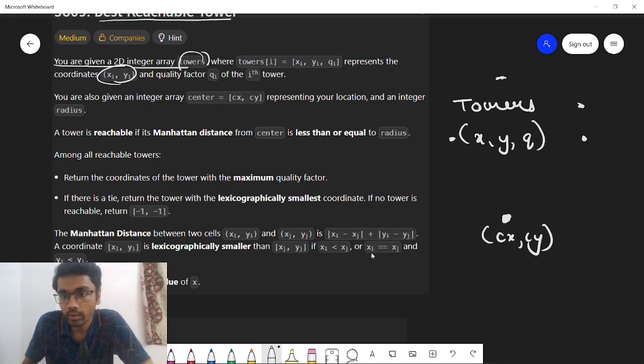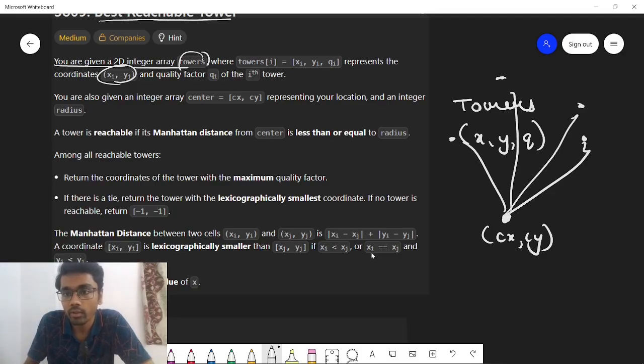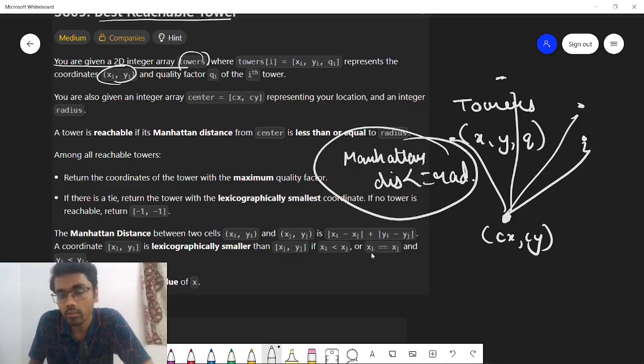From this center location you need to calculate the distance to all the towers, or more specifically the Manhattan distance, and that Manhattan distance should be less than or equal to the given radius.